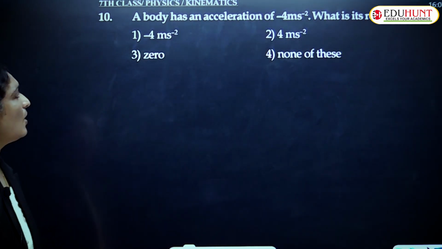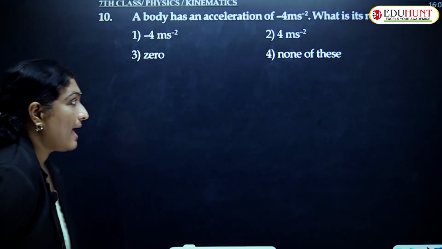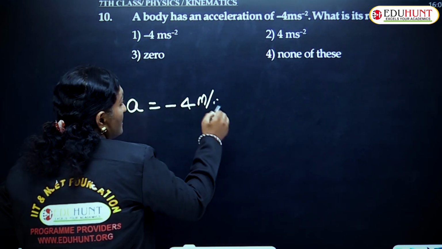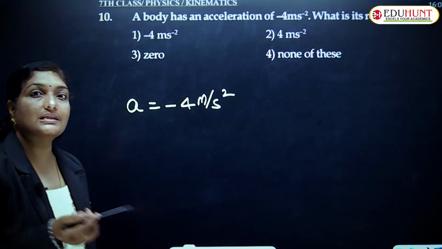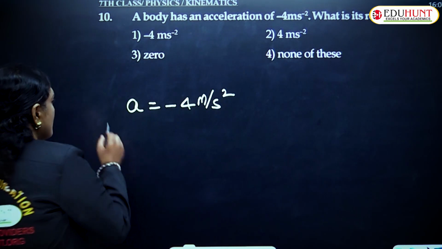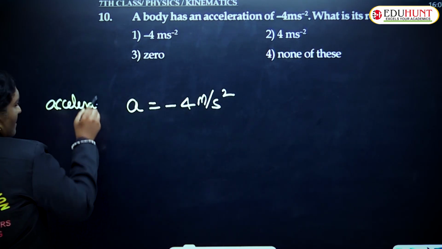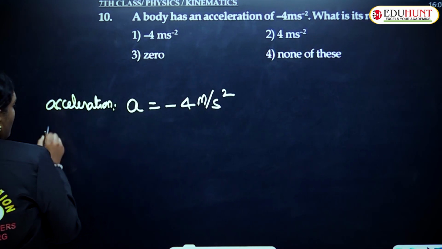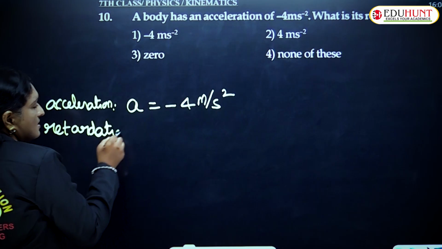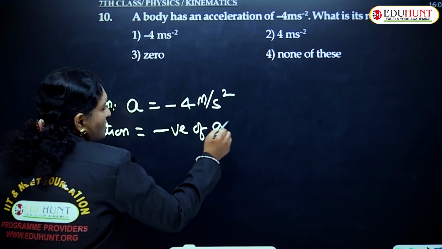Next, a body has an acceleration of minus 4 meter per second square. What is its retardation? I told you, children, retardation is nothing but the negative of acceleration.